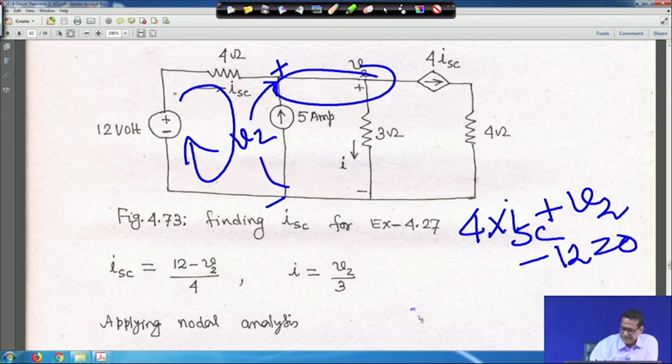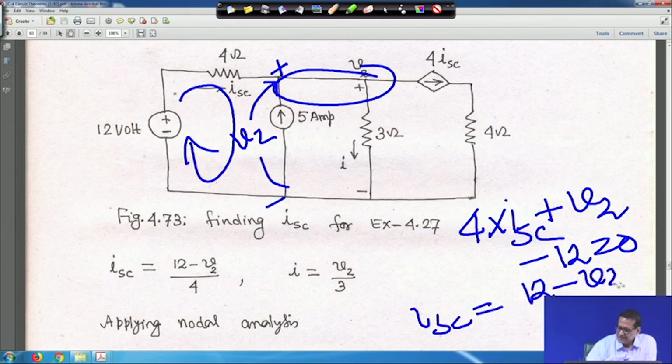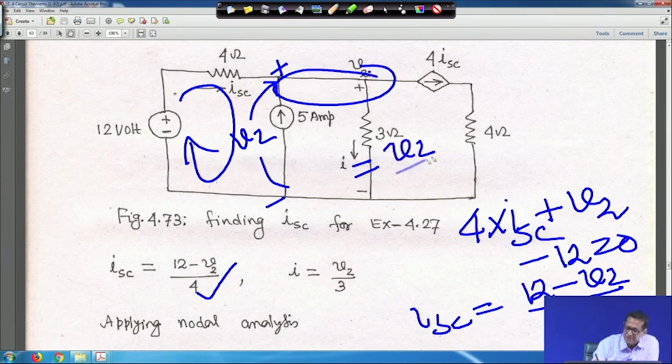That means ISC is equal to 12 minus V2 divided by 4, that is written here. And another thing is I is equal to, writing here itself, because voltage here is V2, moving downwards, V2 by 3.